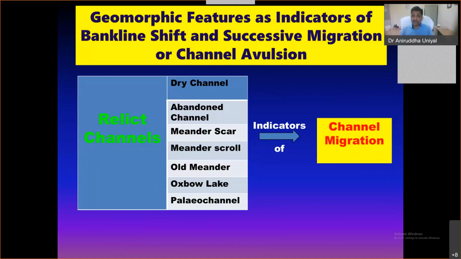And then meander scrolls are just old pathways of rivers which are successive one over the other. They indicate successive migration. An old meander is a very strong indicator of channel evolution in the past. And an old meander and an oxbow lake are more or less the same in shape. They are semicircular. The only difference is the oxbow lake will be filled with water. An old meander is generally not filled.